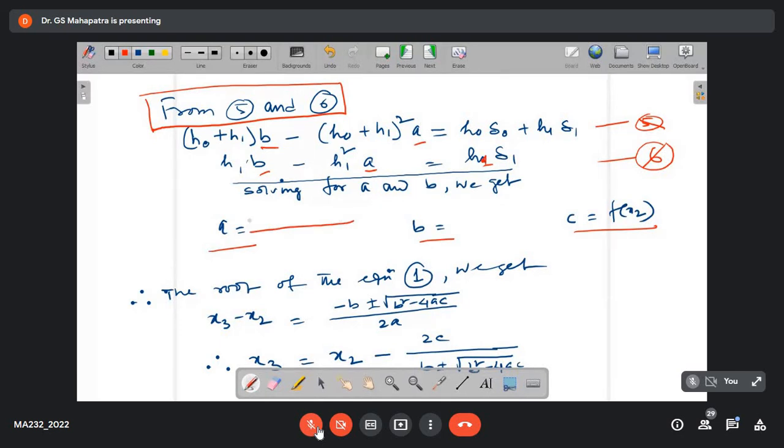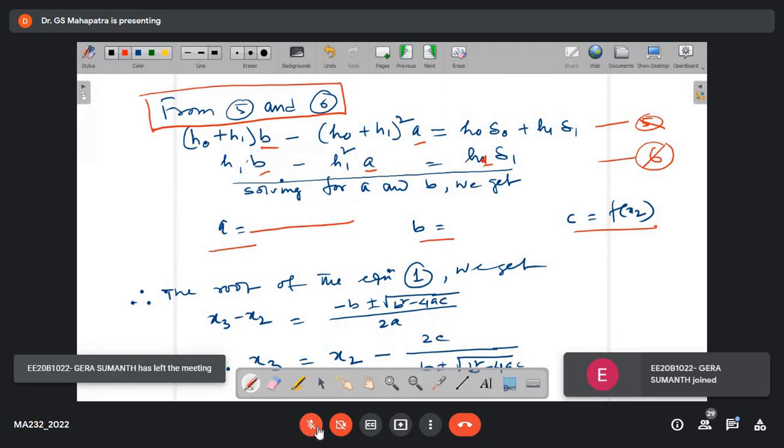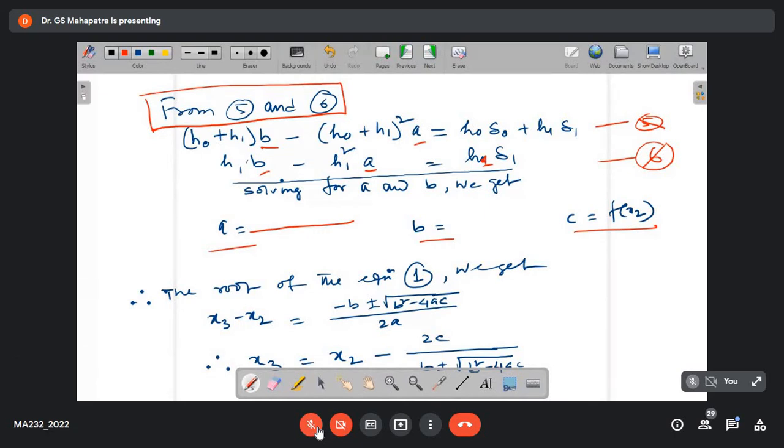A is del 1 minus del naught divided by h1 minus h naught, and B is A times h1 plus del 1, and C is f of x2.